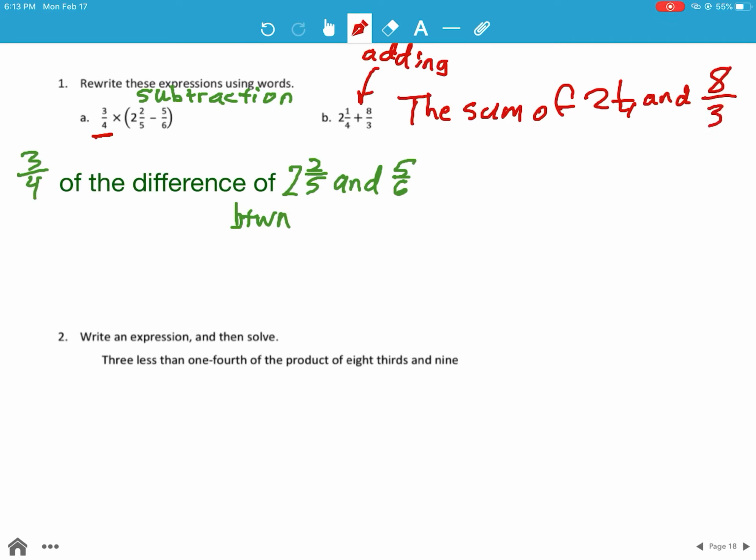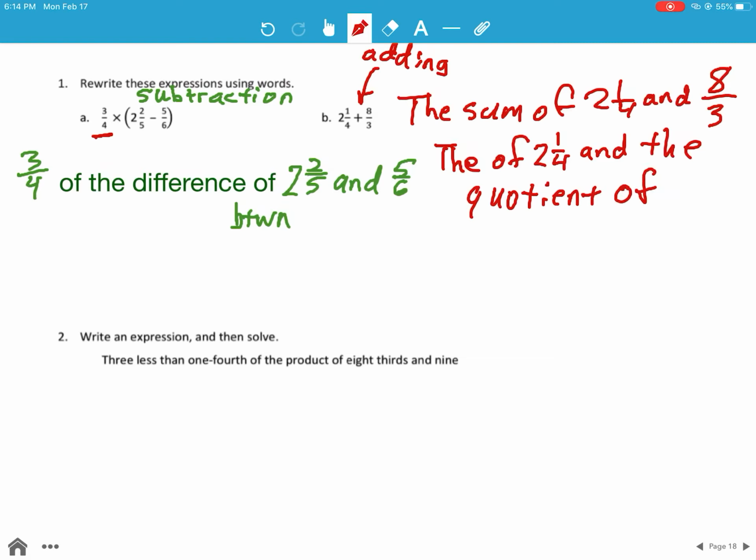Okay, you might be able to do 8/3 being quotient, so you might be able to say the sum of 2 1/4 and the quotient of 8 and 3.